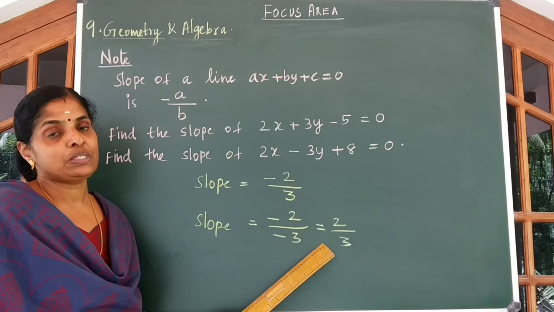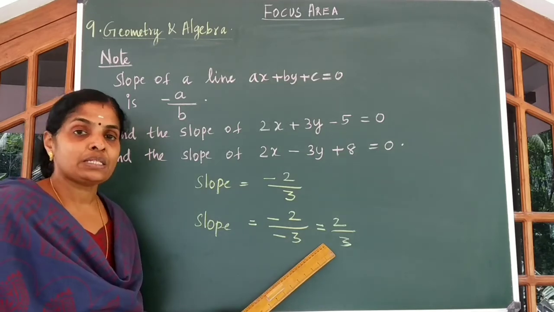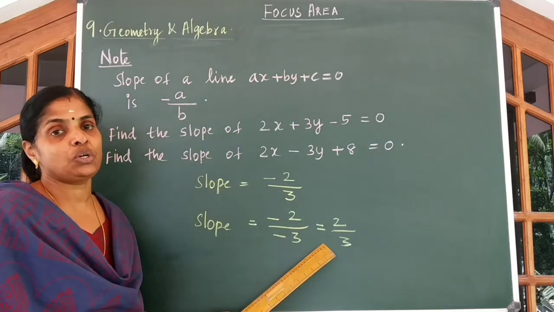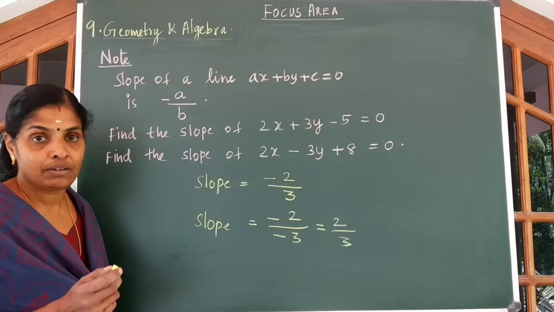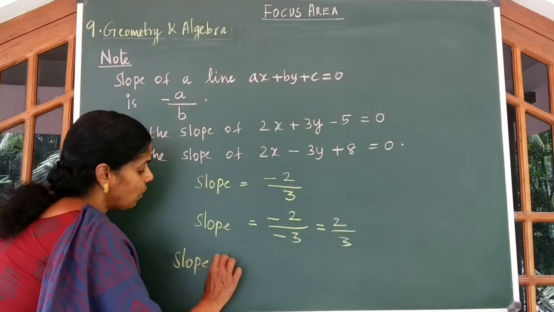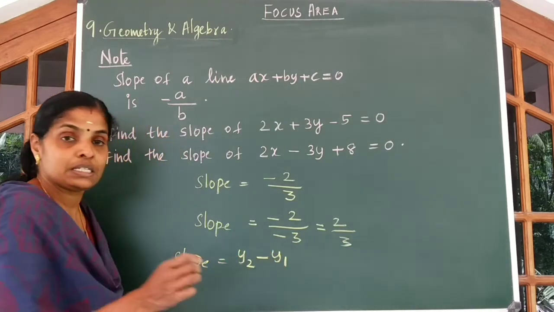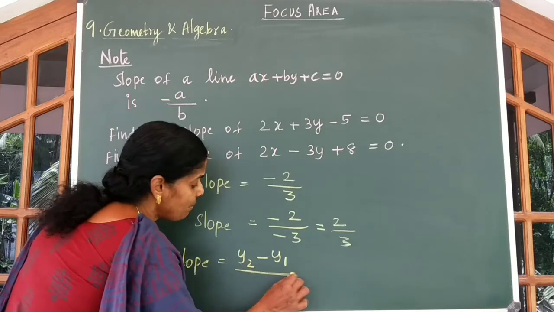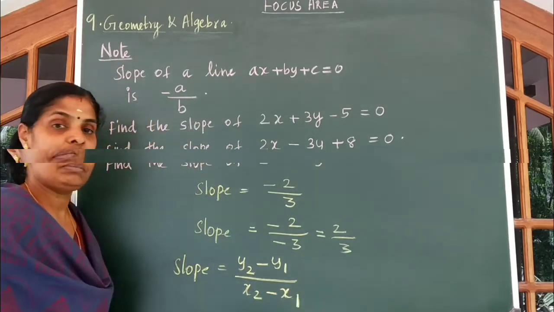Now we have to see the slope of the line joining 2 points (x1, y1) and (x2, y2). If you are given 2 points (x1, y1) and (x2, y2), then the slope of the line is got by using the formula y difference by x difference, that is (y2 minus y1) by (x2 minus x1).